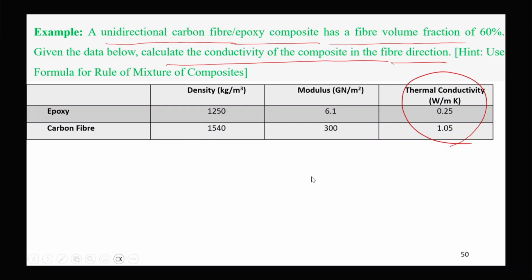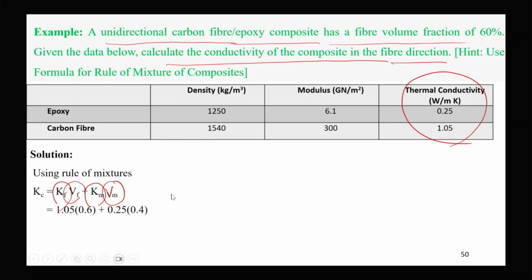The formula is the conductivity of fiber multiplied by the volume fraction of fiber, plus the conductivity of matrix multiplied by the volume fraction of matrix. So we get the value 0.73.